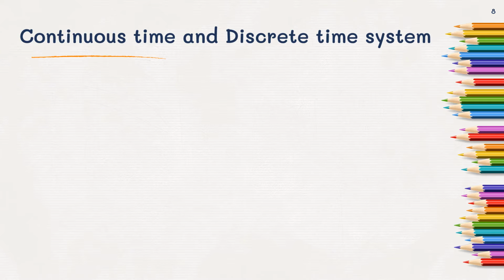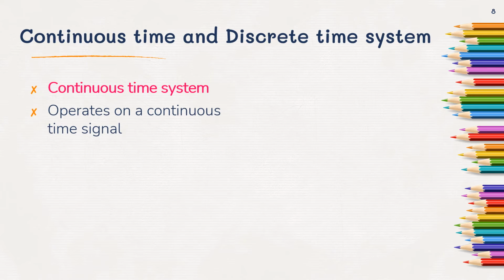Now in this slide I am going to tell you the difference between continuous time and discrete time system. A continuous time system is one which acts on continuous time signals. You all know what is meant by a continuous time signal: a signal that is defined for each and every instant of time.